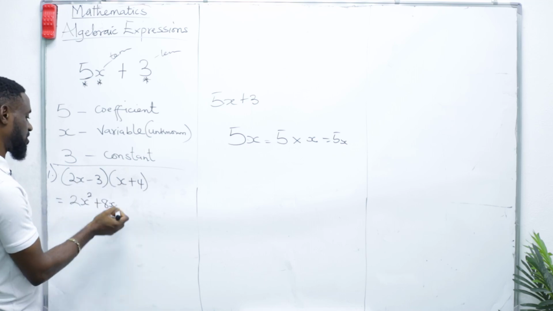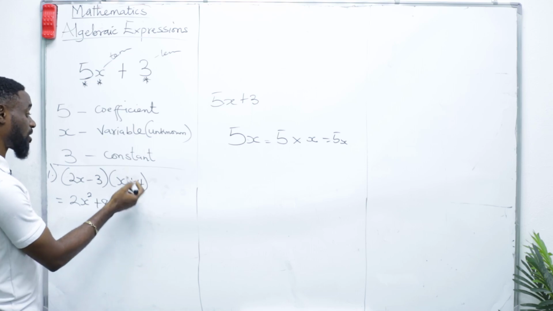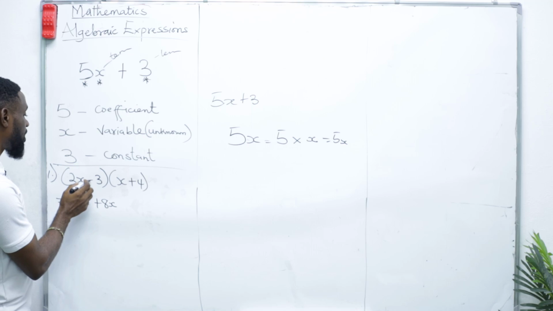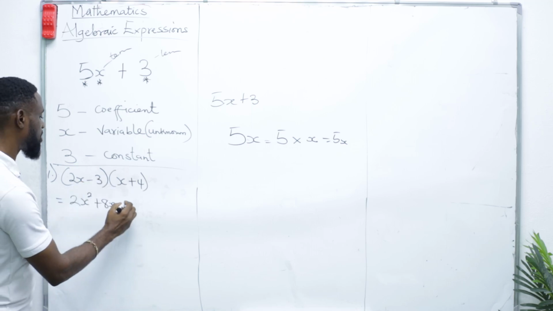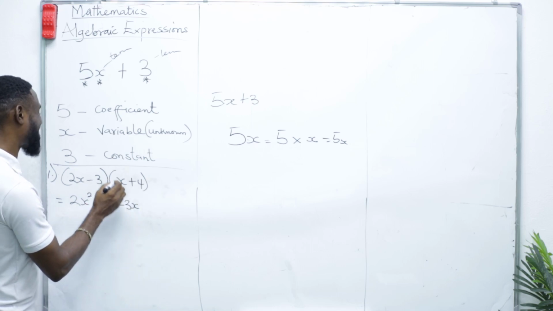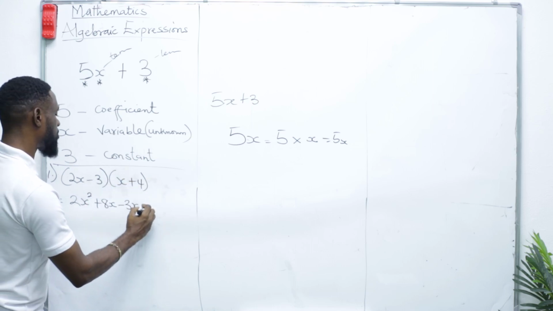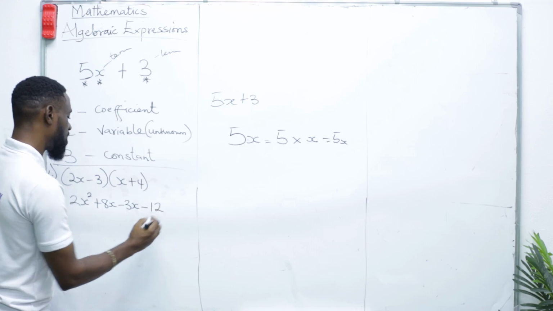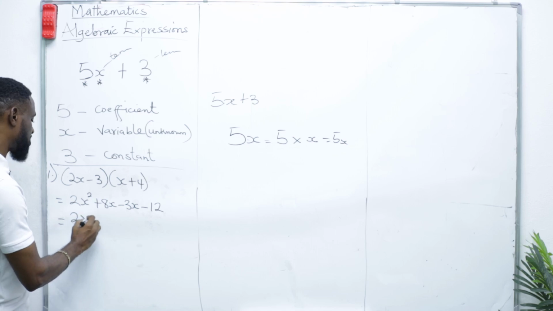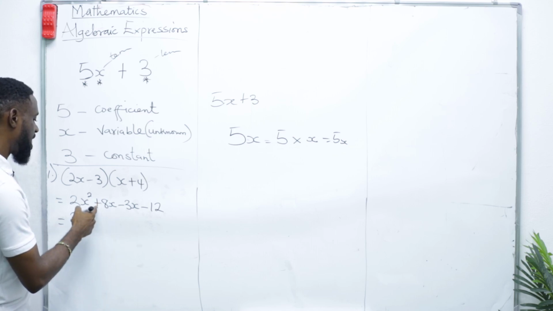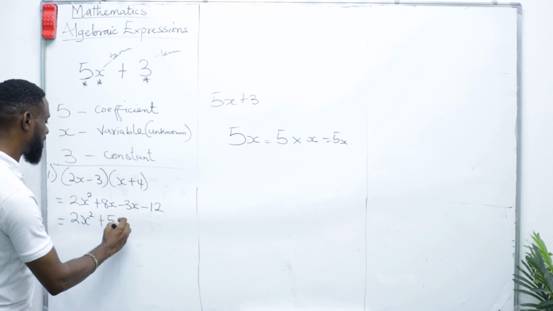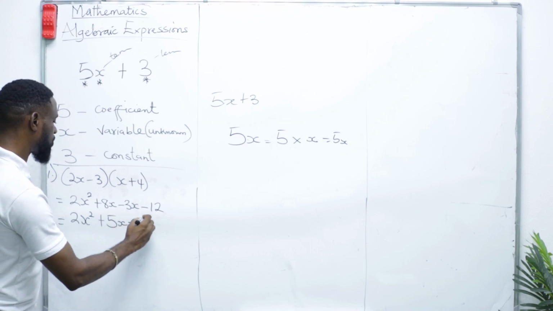Then x times nothing is this x here. x times 1 is still this x. Then we go to this one. Minus 3 times x is minus 3x. Then minus 3 times plus 4 is minus 12. Are you with me? So this is equal to 2x squared, plus 8 minus 3 is plus 5x, minus 12.